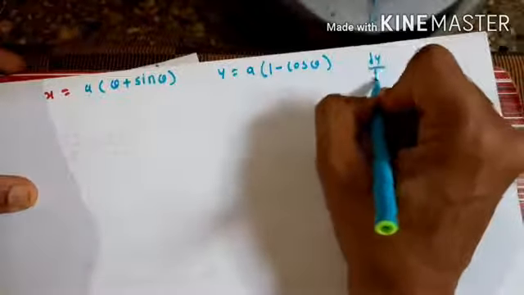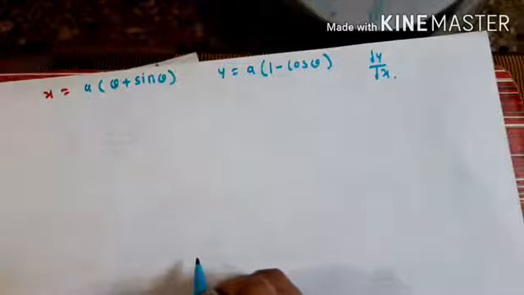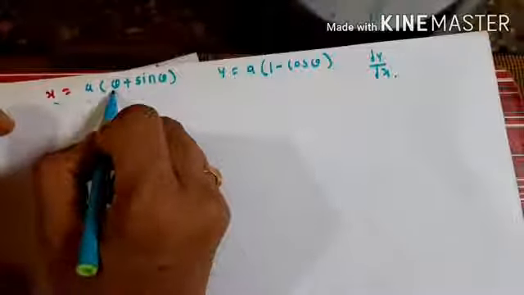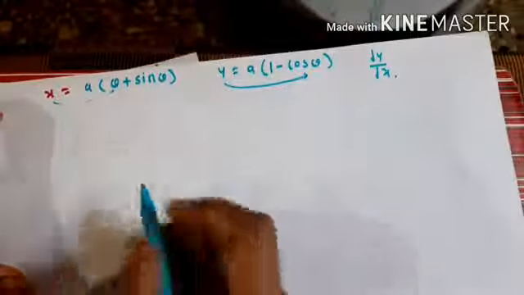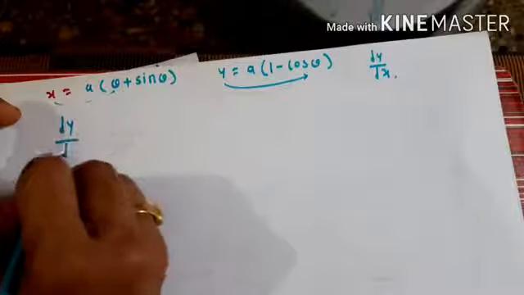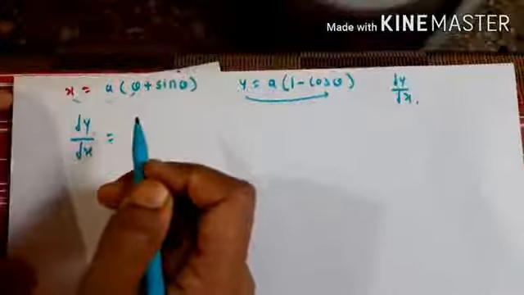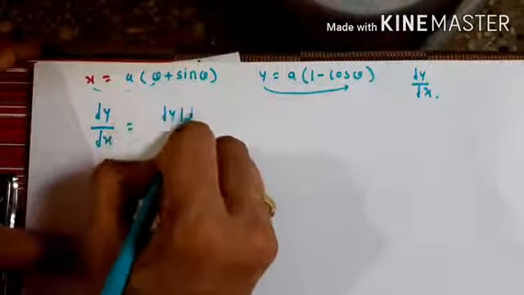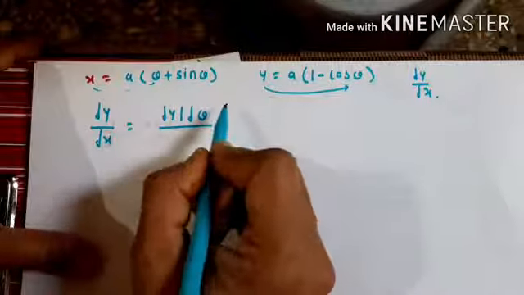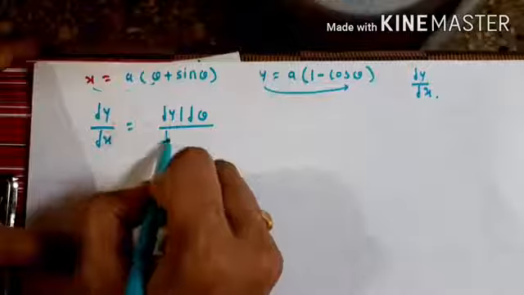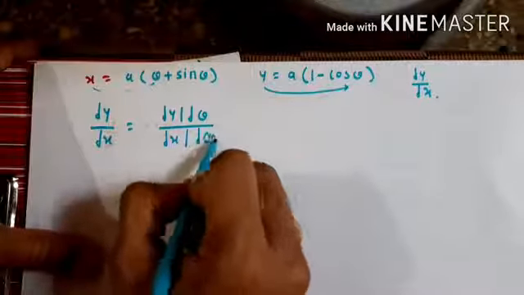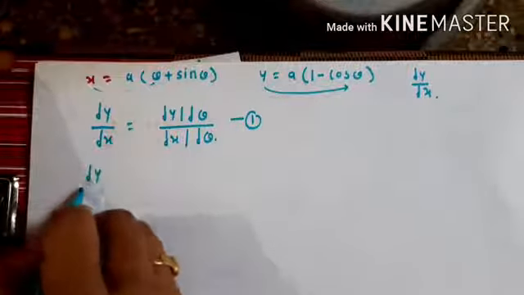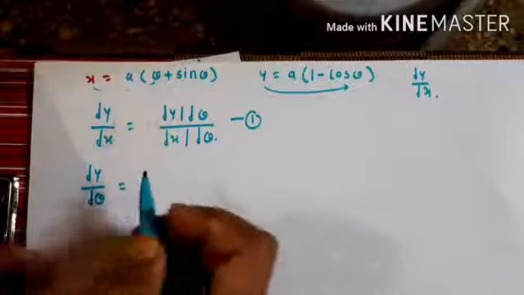Find dy by dx. So what is here? X is function of theta, y is function of theta. Therefore here dy by dx equal to dy by d theta, because x is function of theta, dy by d theta upon dx by d theta.